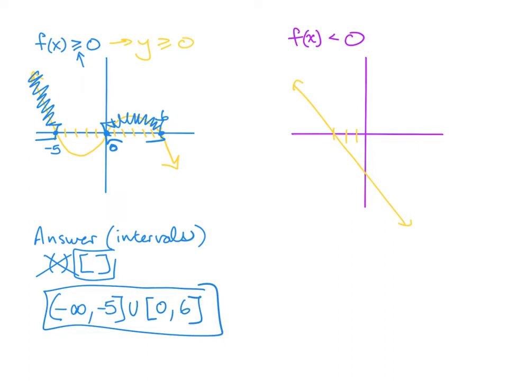The second example over here in purple, you can see pretty easily that there is only one 0. Even though there's no equal to here, we still have to identify where that 0 is, because that is where the y values change from being positive to negative, or over here in the blue example, from negative to positive.